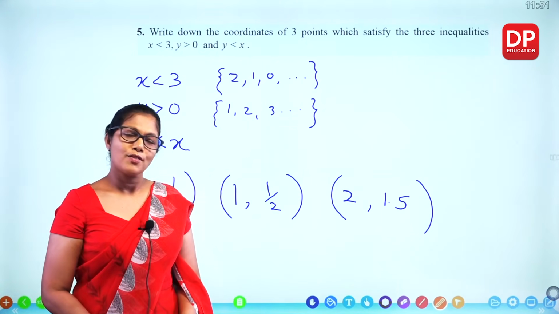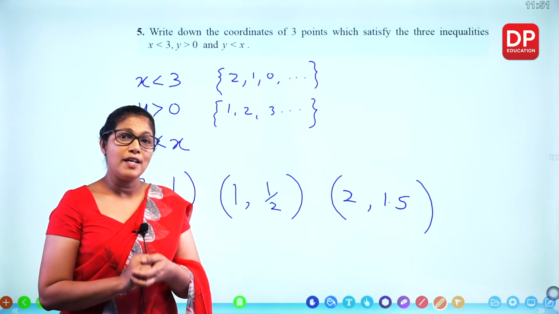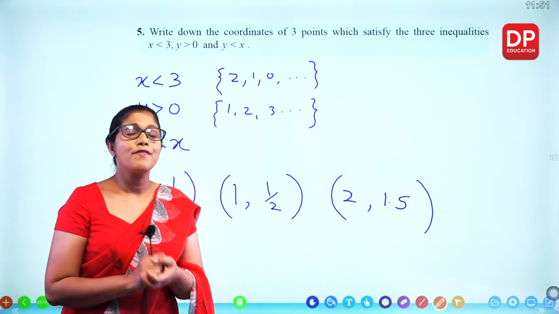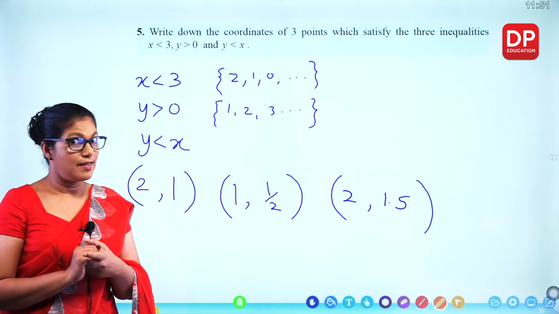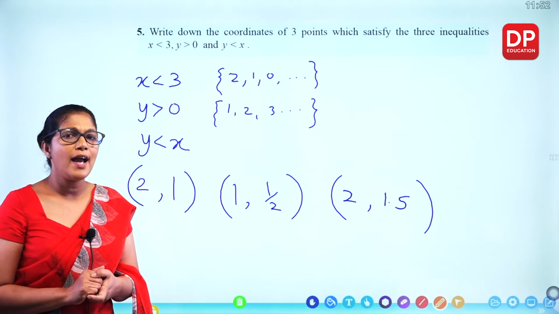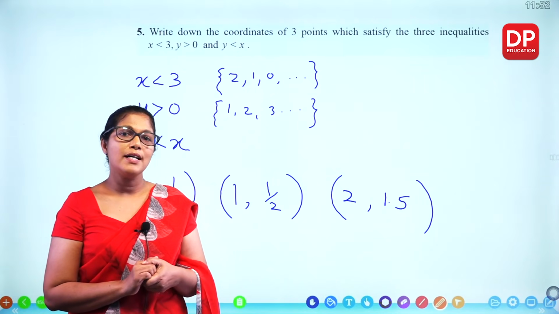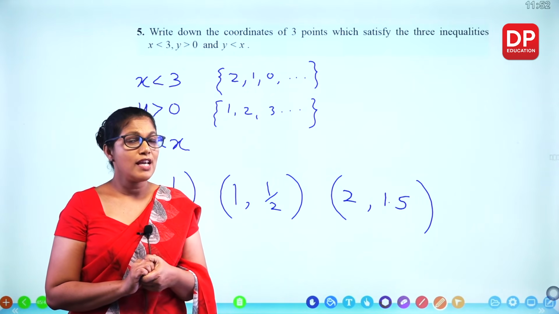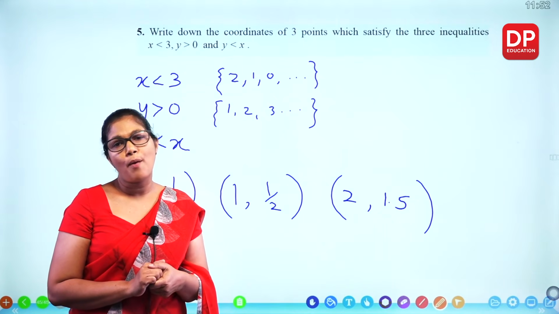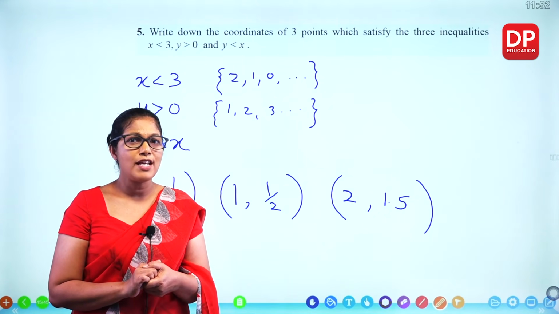So in this lesson we covered all types of inequalities. The first thing we looked at, the main rule that we identified: when you divide or multiply by a negative number, the sign is changing, and for all the other operations, the sign of inequality is not changing.